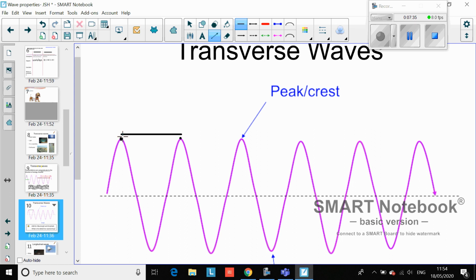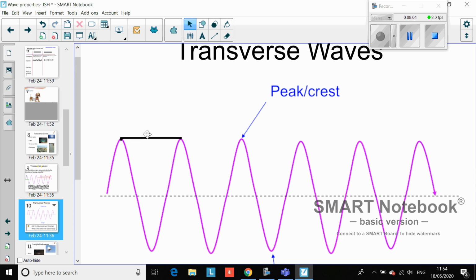Now usually you measure it from peak to peak, but as you can see, just as easy to measure it from trough to trough. It's the same distance. In fact, you can measure it at any point, even halfway up, because look, here it's halfway going down, goes up, and then halfway down again, and it's the same length. So the wavelength is the point on one wave to the same point on the next wave, but the easiest place to measure it is from there.